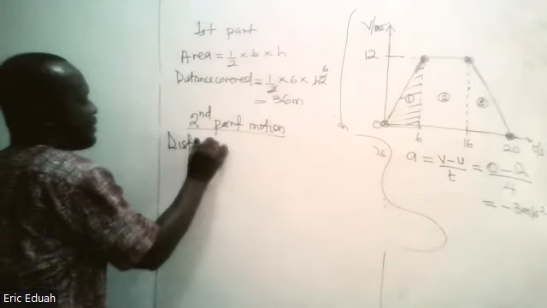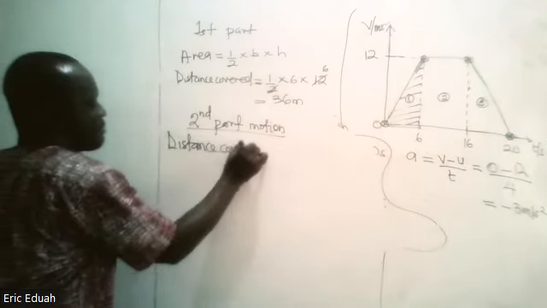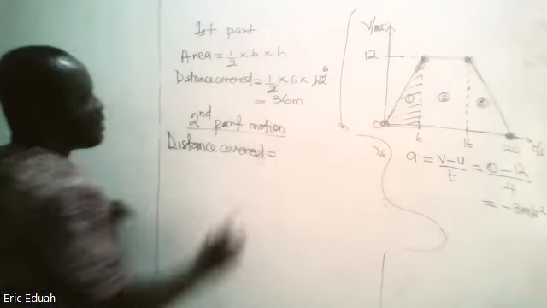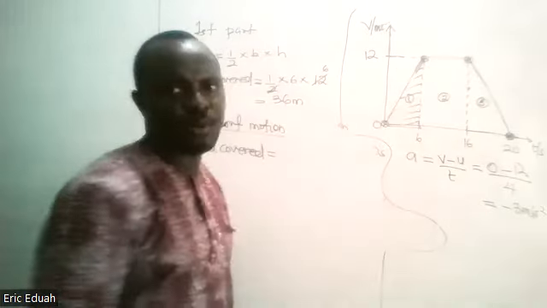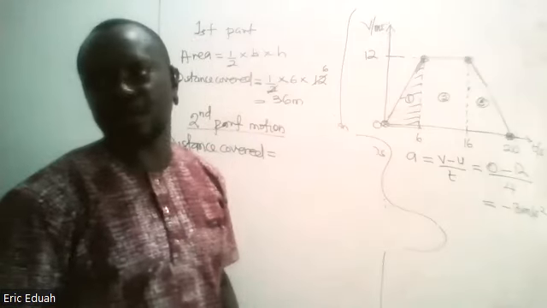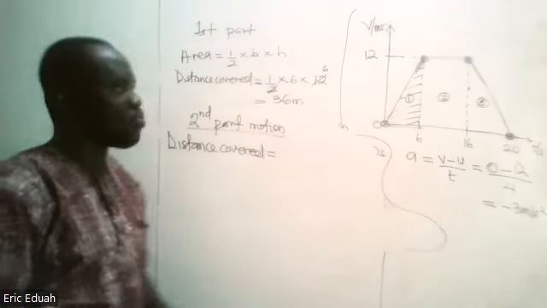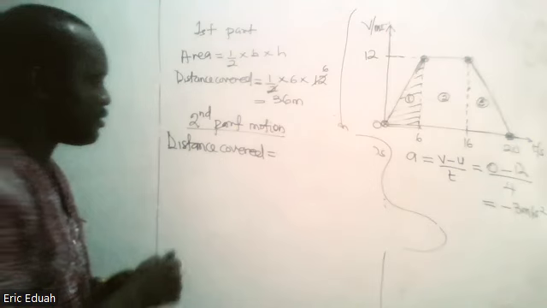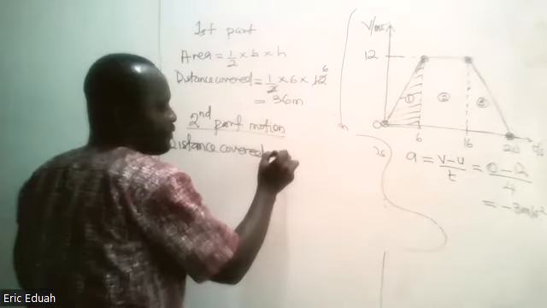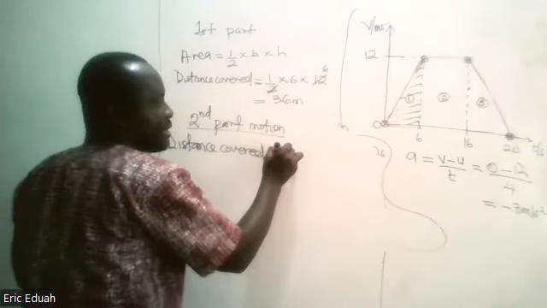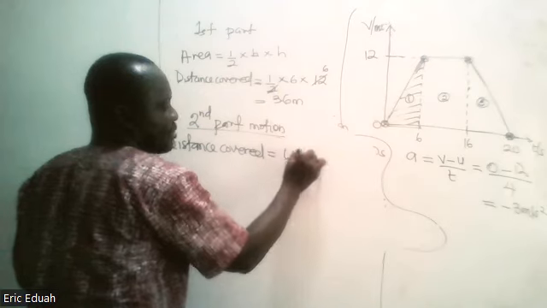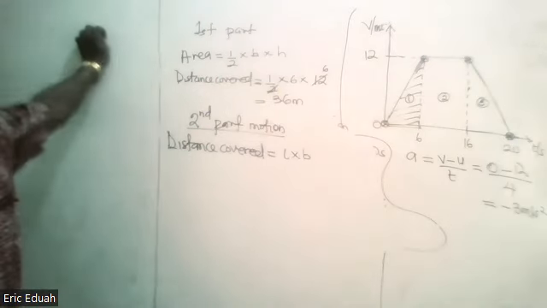Distance covered. What is this shape we have during the second part of the motion? A rectangle. The formula for finding the area of a rectangle is length times breadth, or width.